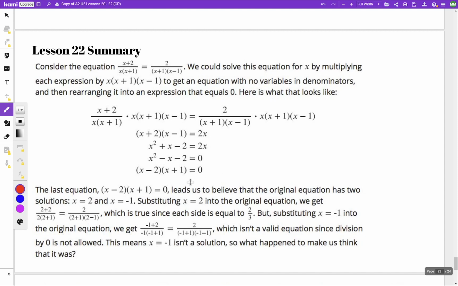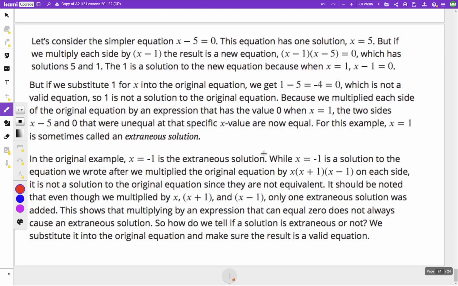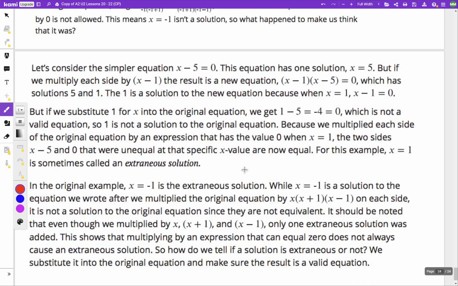So again, just keep in mind, guys, when you get to a situation like this, if you end up with extraneous solutions, just make sure that you discredit them. Some more things that you can read about it.